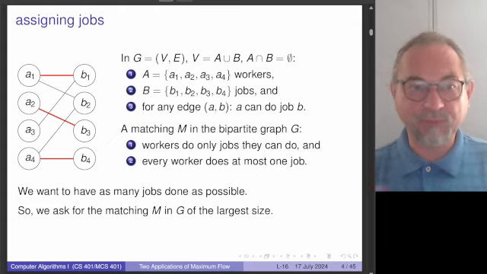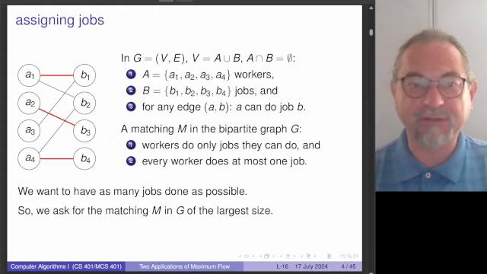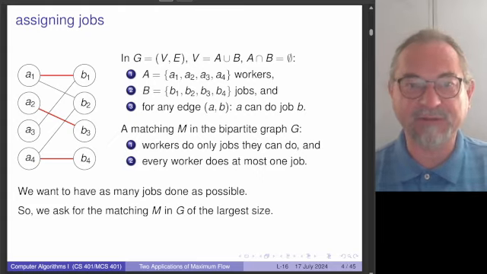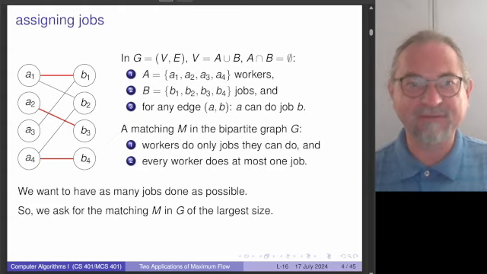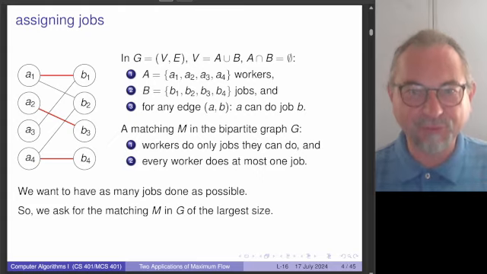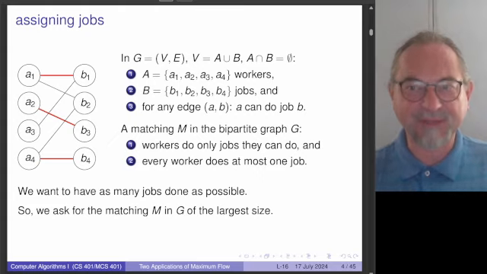We want to do as many jobs as possible, and therefore it's natural to ask for the matching in this bipartite graph that has the largest size. Often it is important to look at a problem from many angles. Using the terminology of job assignments may sometimes help in understanding the problem.